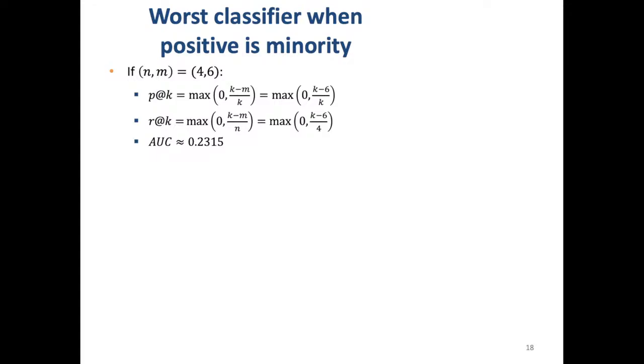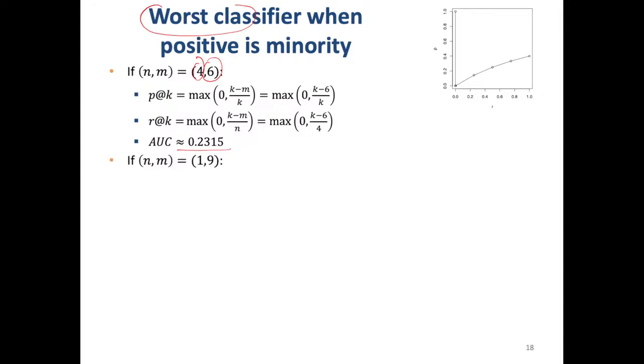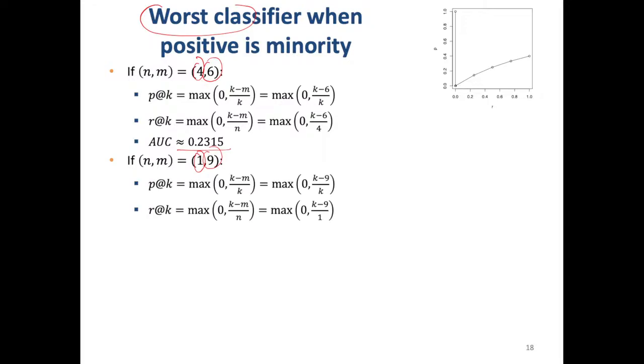So we have 4 positives and 6 negatives, and if you compute for a worst classifier, the area under the PR curve is this much. If we have 1 positive and 9 negatives, then the area under the PR curve is this much, and it's smaller than the first case.